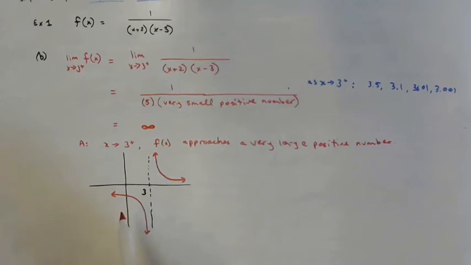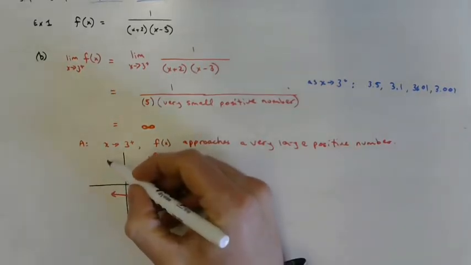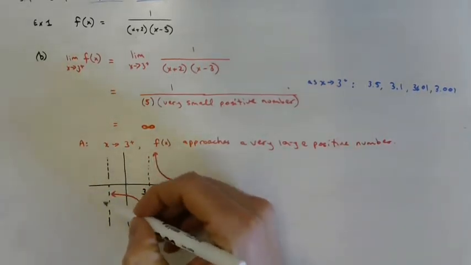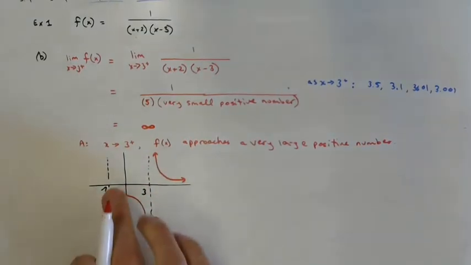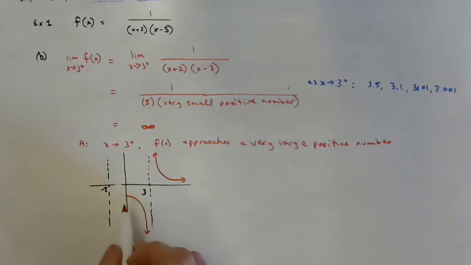If we did the same thing for the asymptote at x equals negative 2, over here, negative 2, we would end up finding out that as we approach negative 2 from the right, we'd be heading down to an infinite negative value.